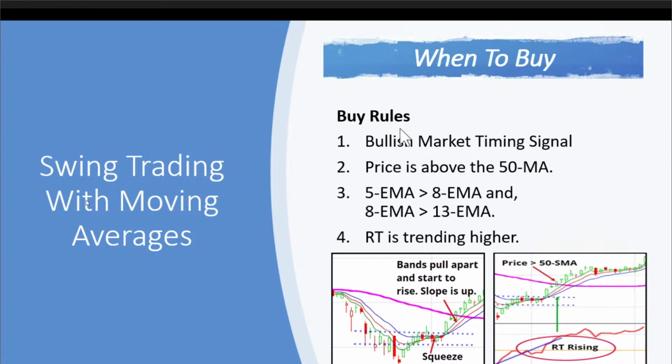So again, the buy rules are: you got your bullish market timing signal, right? MTI above 1, DEW up, confirmed up, GLBRT kicker up signal. Just make sure that you got a bullish market timing signal. We need the price of the stock to be above the 50-day moving average. Now, the 50-day moving average is the moving average here in pink.